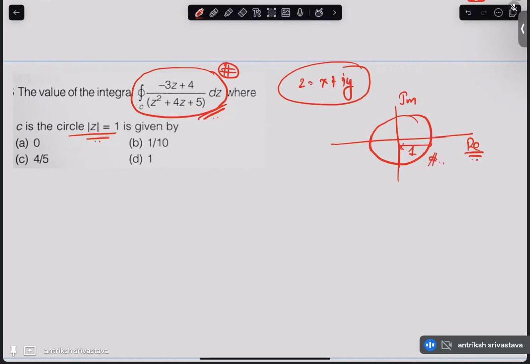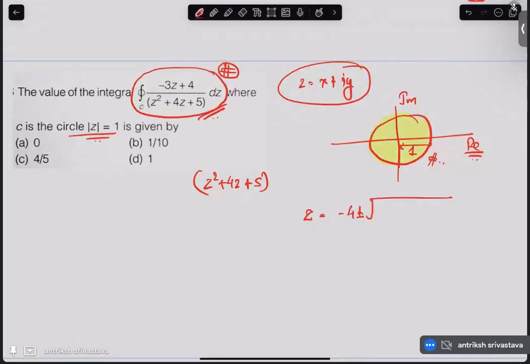So let's look at this function z square plus 4z plus 5. Let's see if we can get any complex roots that are within this region of the circle.